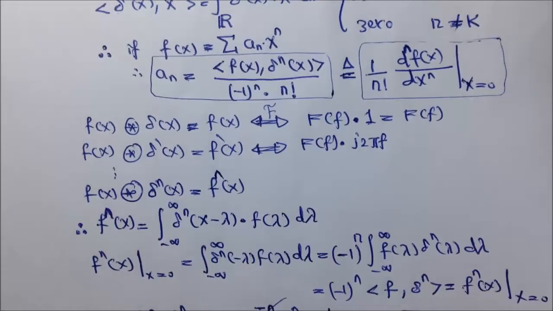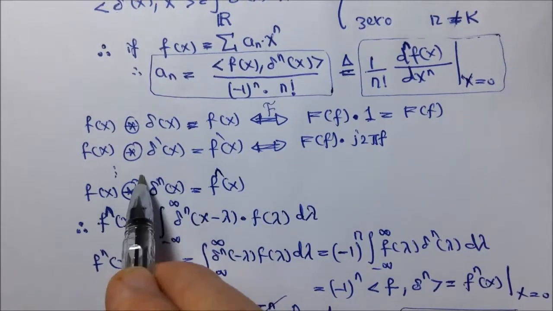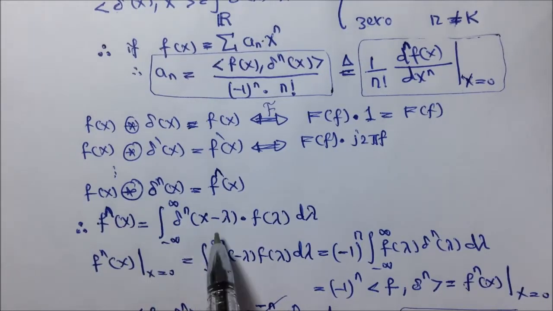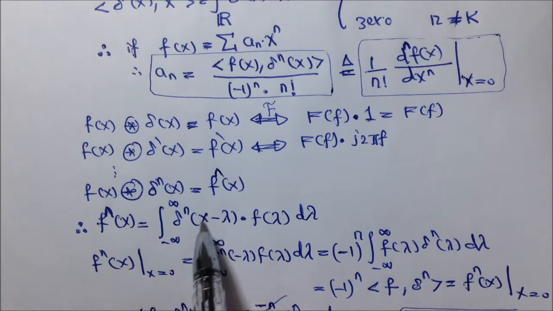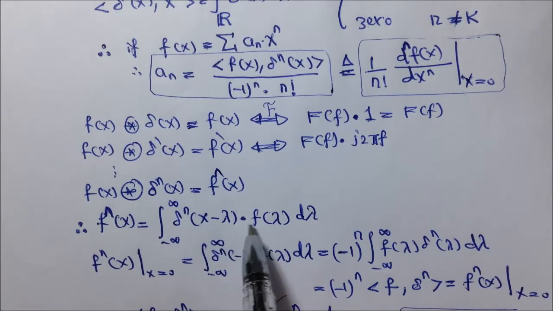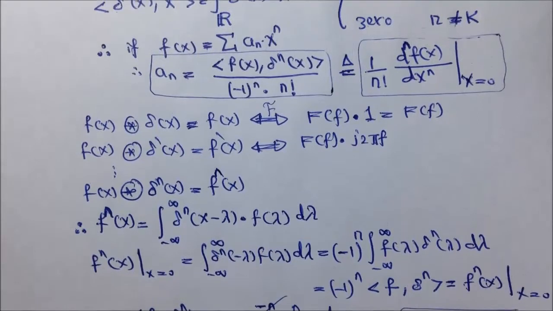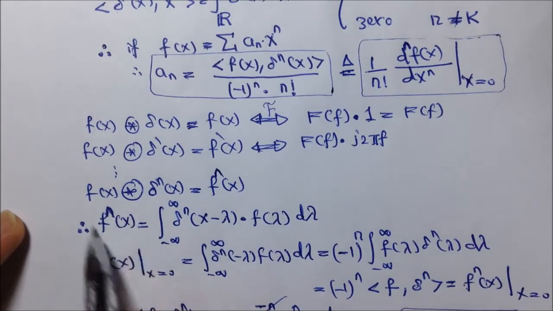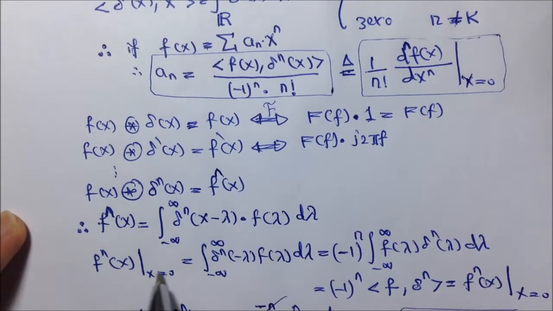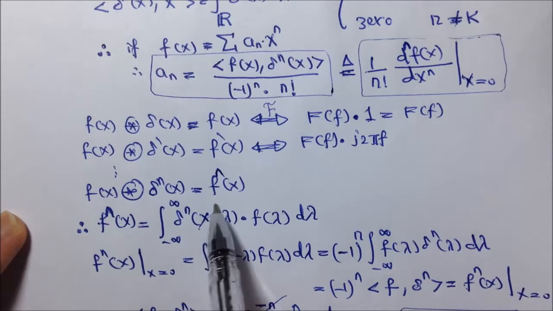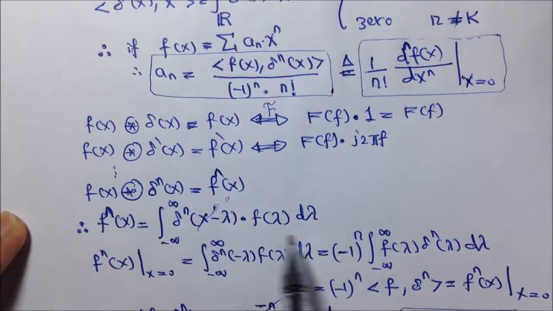Now, by evaluating this convolution, which is defined by the integration of the nth derivative of delta evaluated at x minus lambda times f of lambda d lambda. And then what Taylor did after he evaluated the nth derivative, he substituted x equals 0. So I'm going to substitute x equals 0. So this will be 0, and we end with this.